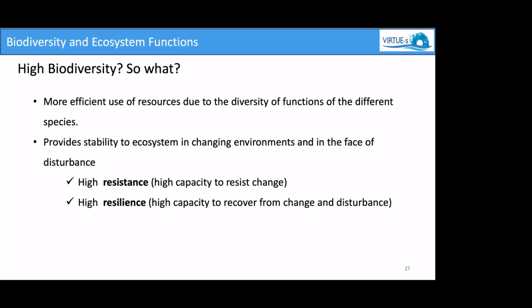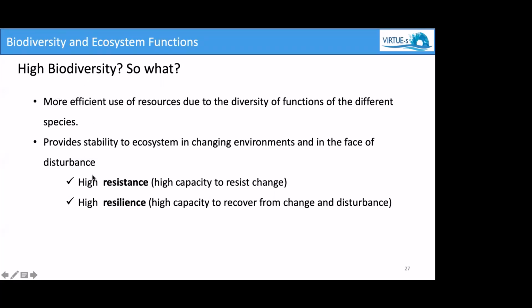Well, they say that if the biodiversity is high, the resources are efficiently used, because of the diversity of functions of the different species. If there are more different species, the resources in the community or in the ecosystem will be more efficiently used. And also it provides stability to the ecosystem.